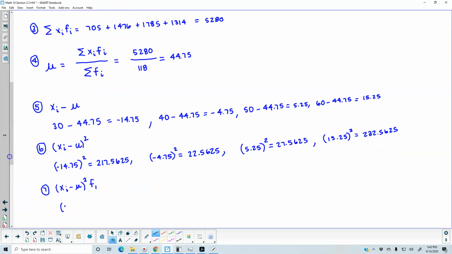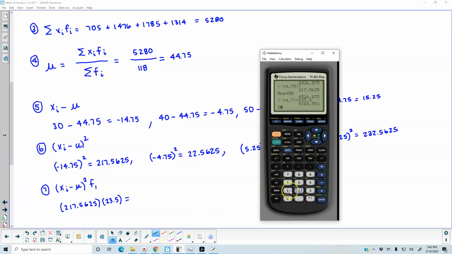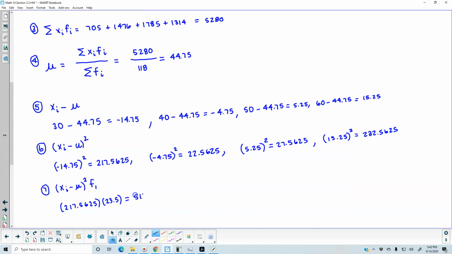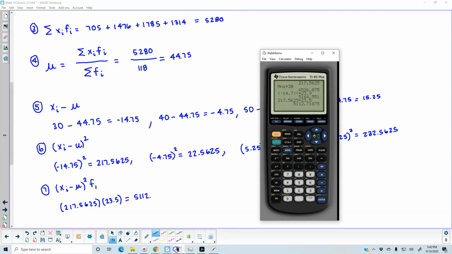So we're going to take 217.5625 and multiply it by the first frequency, which is 23.5. So 217.5625 times 23.5 gives us 5,112.71875.